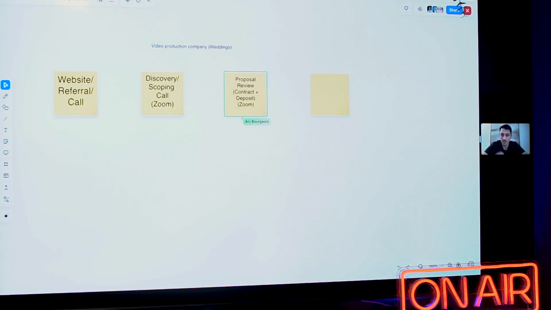We would look at the contract. We would sign it. They would give a deposit, and we would make sure that they understand what to expect. We're assignment selling this, which is going to outline what the rest of the process looks like.